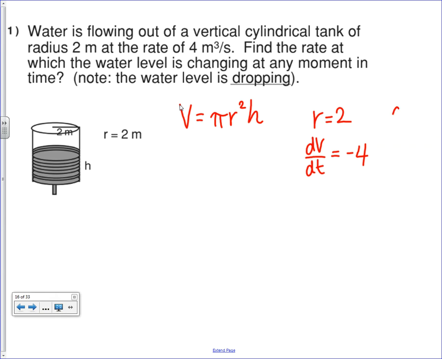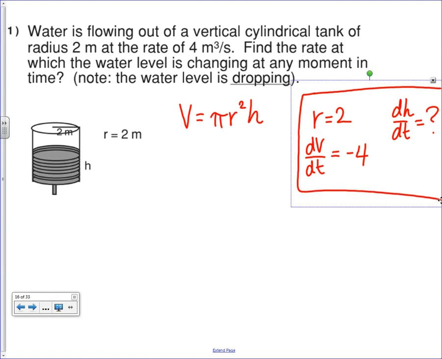So that would be the height. dH/dt is what I'm trying to find at any moment in time. So this is what I'm looking at right now. Okay, this information over here matches up with letter A, it looks like, from those choices of given information.